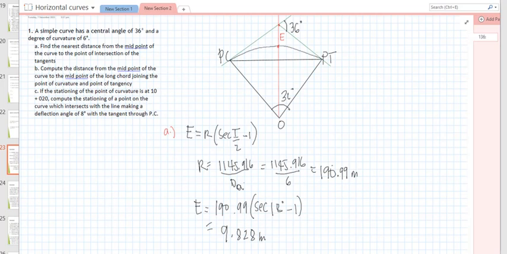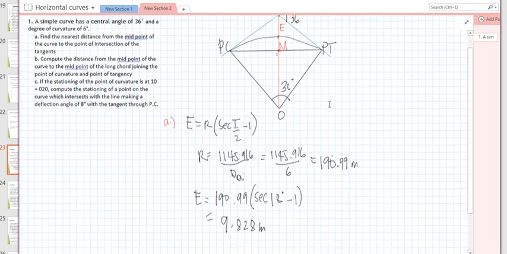So what is that distance? So we know this is M, or the middle ordinate.